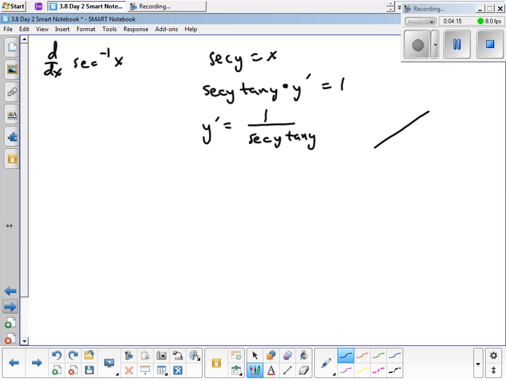Okay, and then a drawing where secant y represents x over 1. That would actually look like this now. And your third side would be the square root of x squared minus 1. Okay, so inserting that into our function.